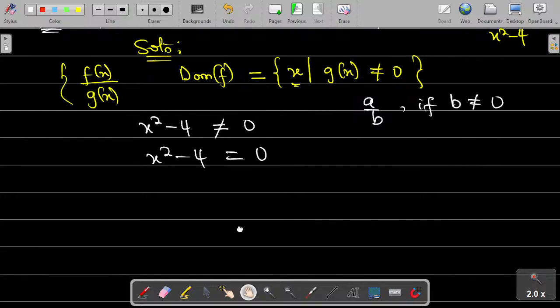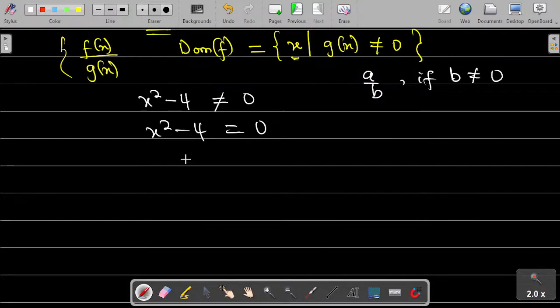So I should solve this one, and in solving this, there are two ways you can go. You can choose to use difference of two squares. You know that if I have a squared minus b squared, it is equal to a plus b multiplied by a minus b.